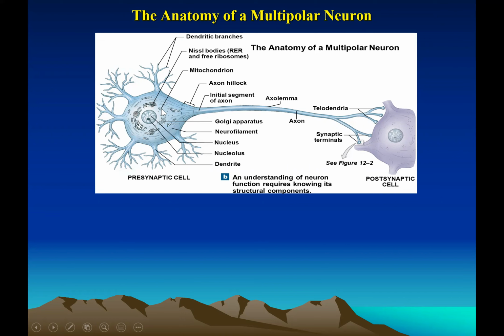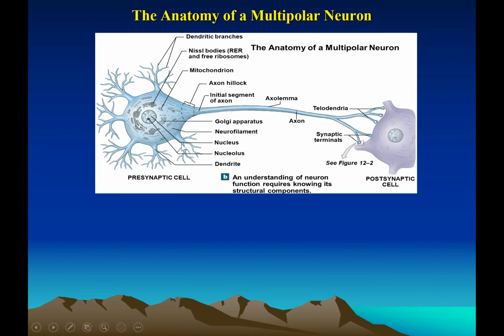It has mitochondria because the energy requirement is very high. And the cytoskeleton, instead of being called microfilaments and microtubules, is called neurofilaments and neurotubules. They give structure to the neuron and the axon.